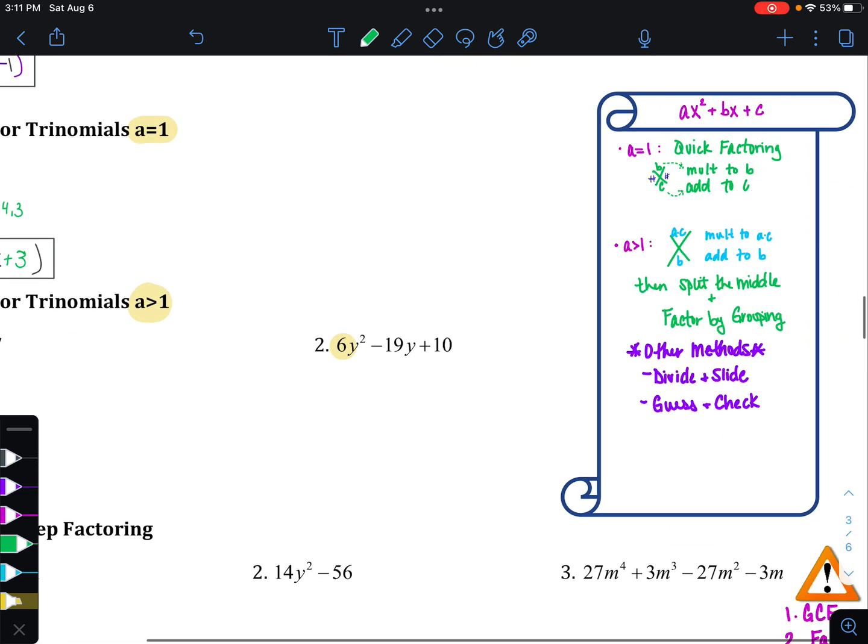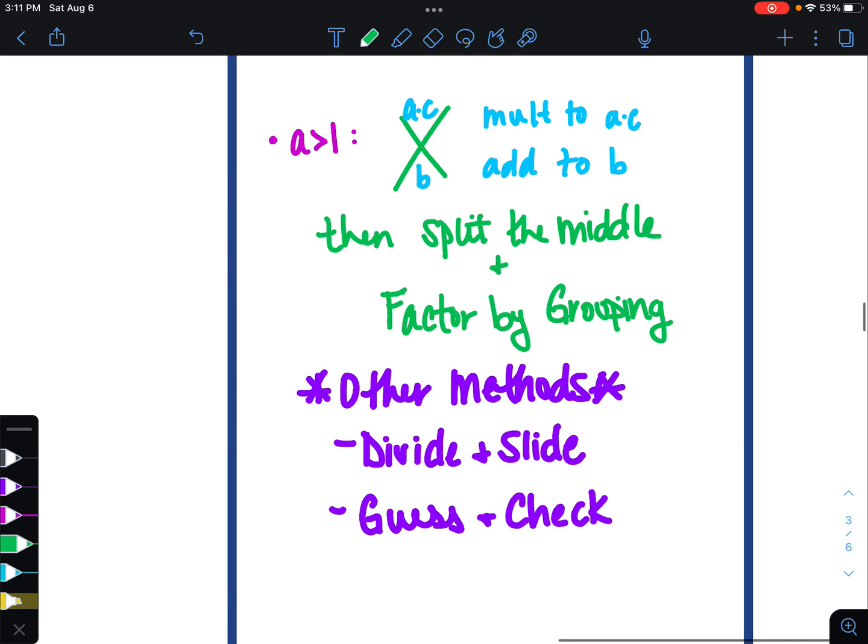Okay, it's this next method that gets a little bit trickier just because you have to take a couple more steps. So when the leading coefficient is greater than 1, you're still thinking of 2 numbers that multiply and add, but they have to multiply to the product of a times c and add to b, right?